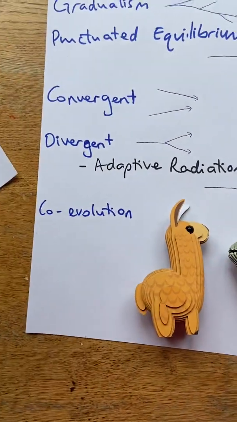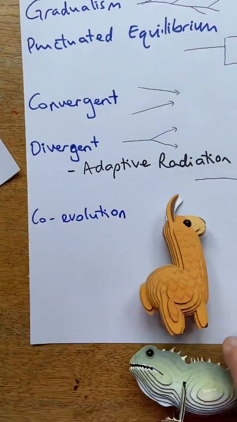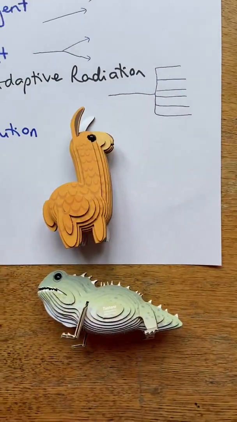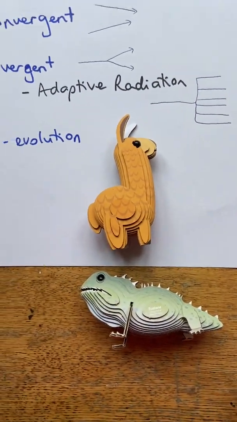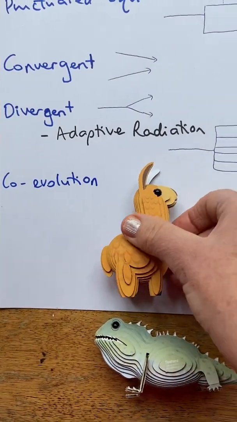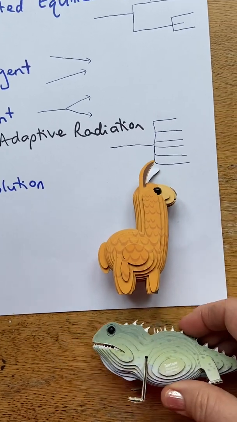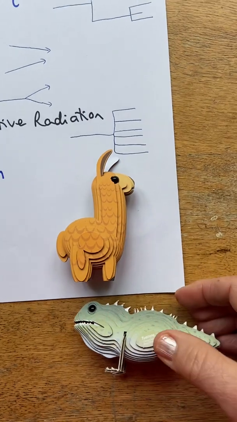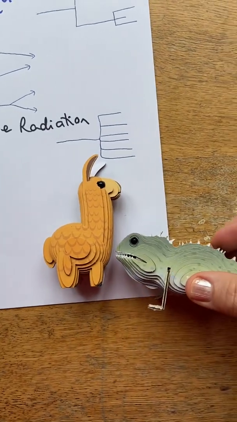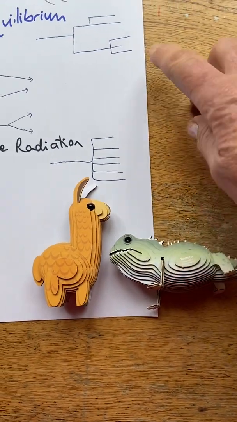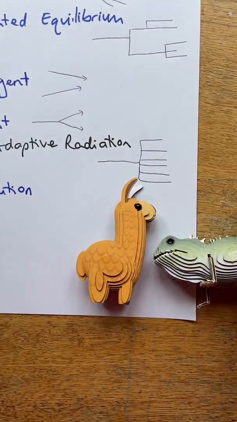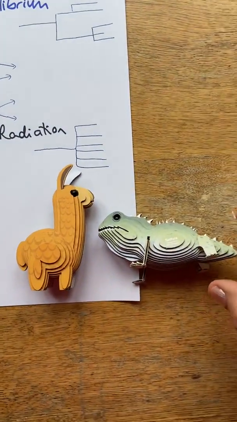So we're going to say that these were quite different species. Well, they are really, aren't they? But if it was an example of convergent evolution, over time they would become more similar. So maybe they're living in a similar habitat and they've got a same sort of predator attacking them. They might end up developing the same sorts of defences, or eating the same food, or having the same colouring or something like that, because of their niche.